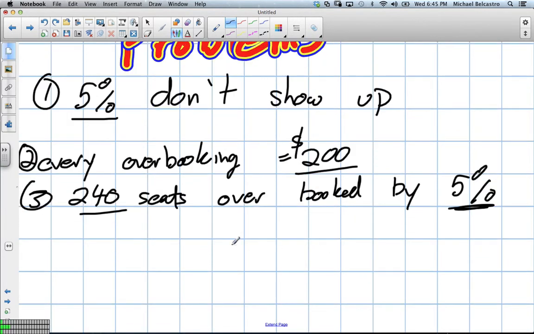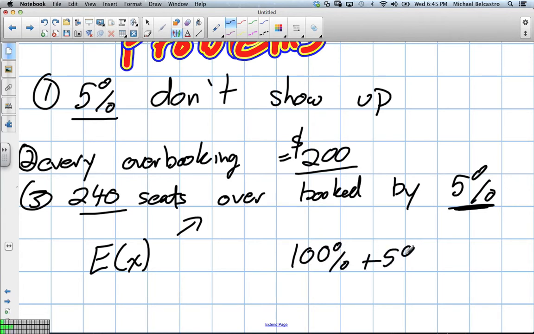What's the expected payout? So what's the E(X), the expected payout on a flight like this? First of all, if you overbook by 5%, how many seats are you actually booking? We need to figure that out. An overbooking of 5% really means 100% plus 5%, which gives us 105%.